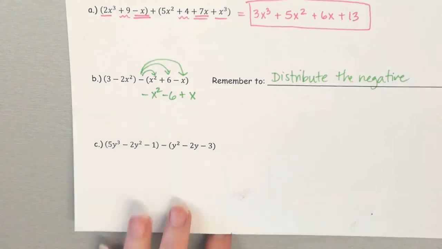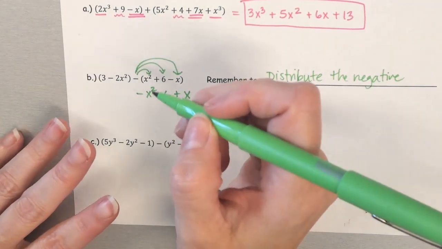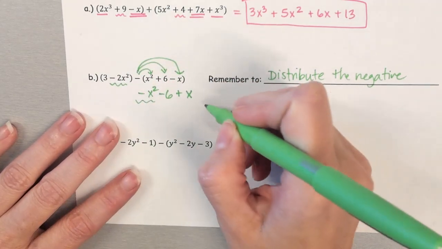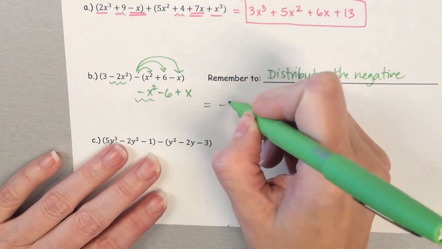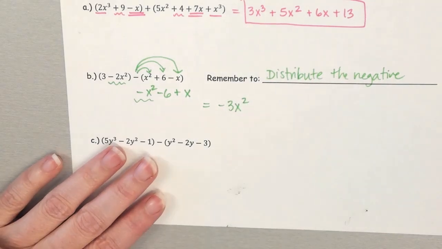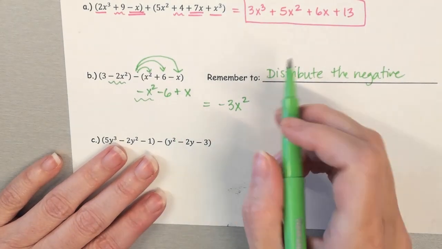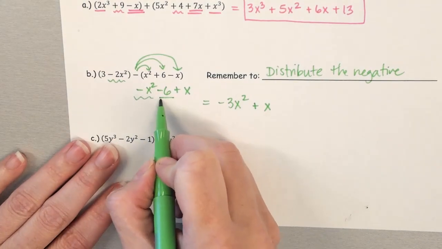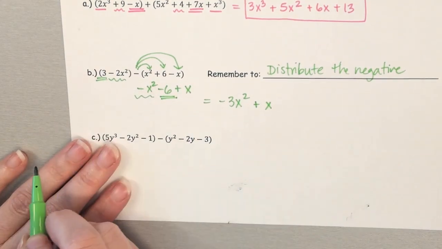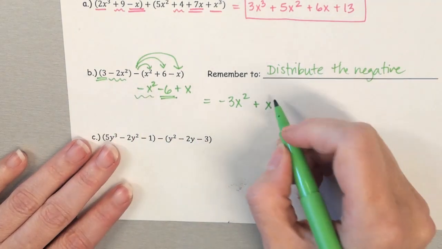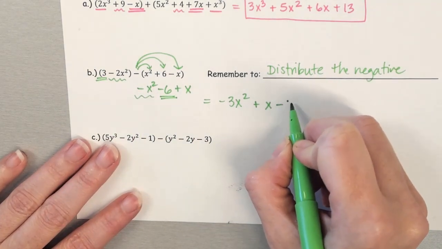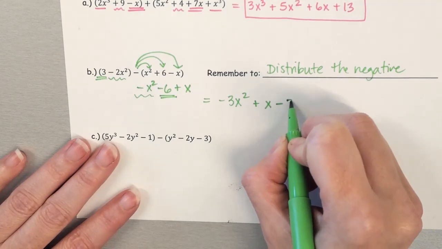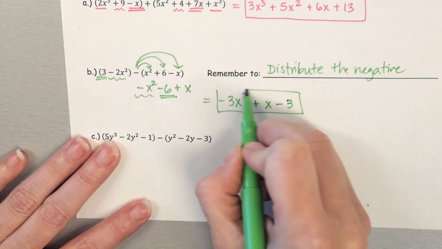So for me, I like to distribute and then I can look exactly what I have. So I have negative 2x squared and negative x squared, which will give me negative 3x squared. There's nothing else to combine with the x, so I'm going to add that. And then I have a negative 6 and a positive 3. So 3 minus 6 is going to give you what? What's 3 minus 6 going to give you? Negative 3. So then this is going to be your final answer.